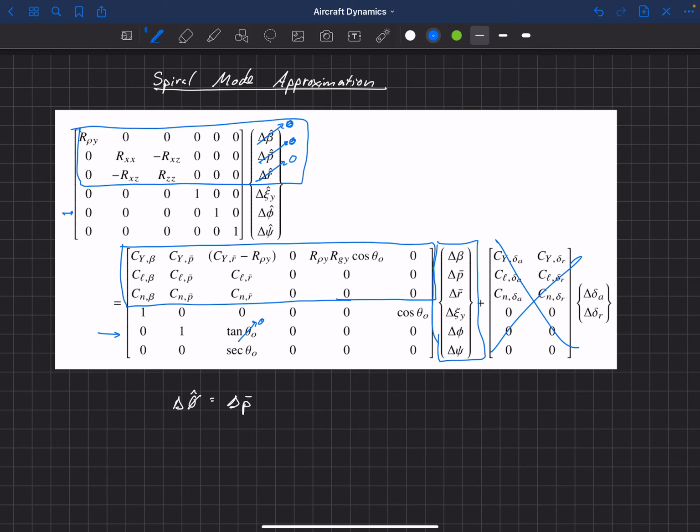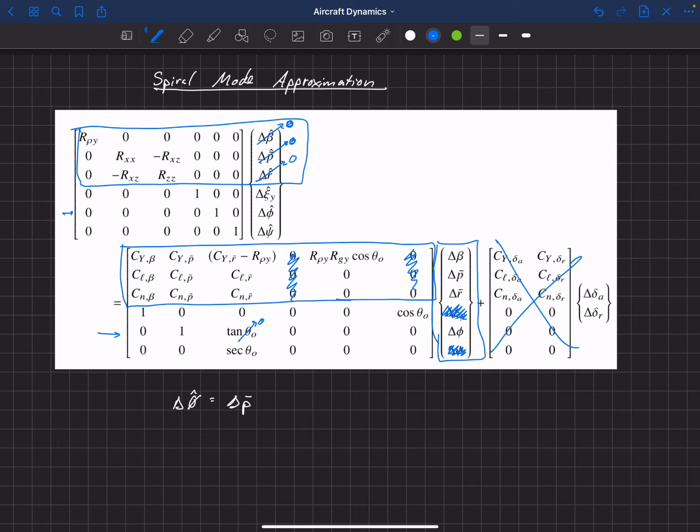There's nothing in this column and nothing in that column, so we don't have any dependence on psi or delta cy. Those two don't matter, and so we're left with these 3 equations and 4 variables, and I could write those out.